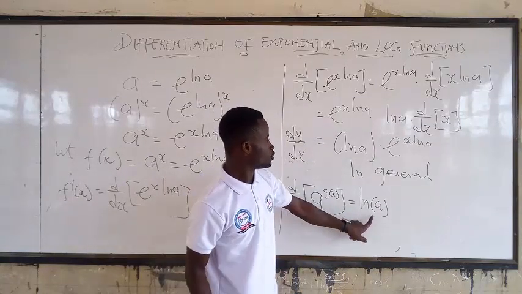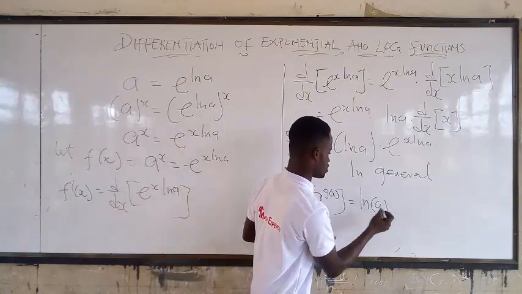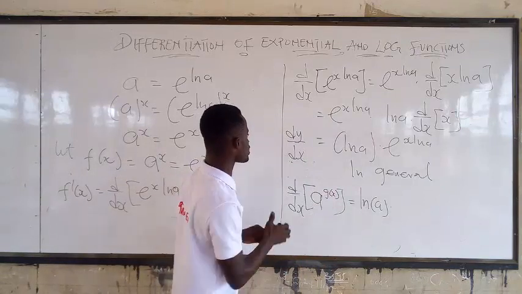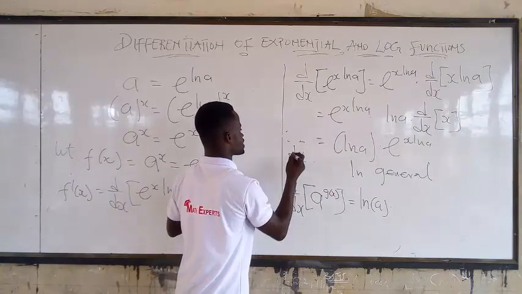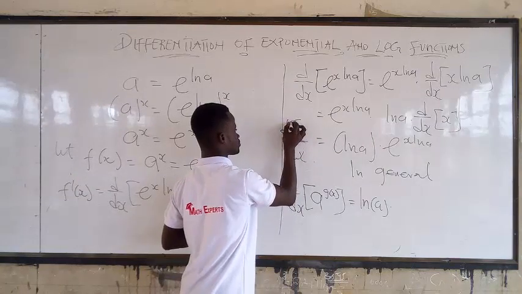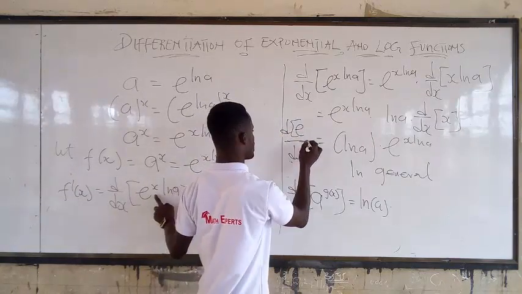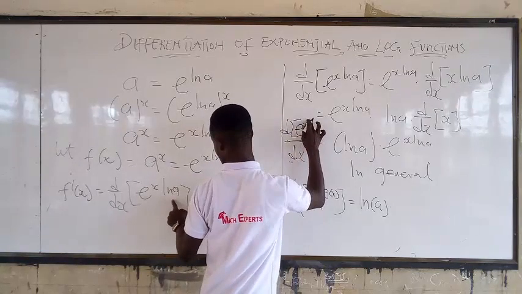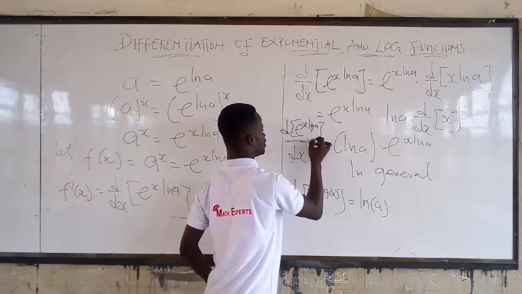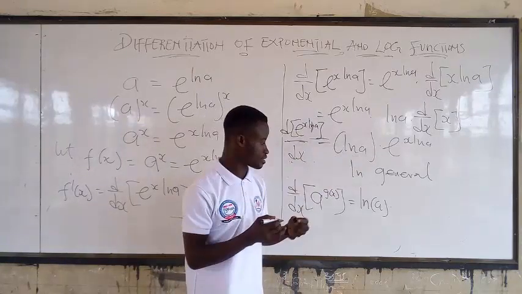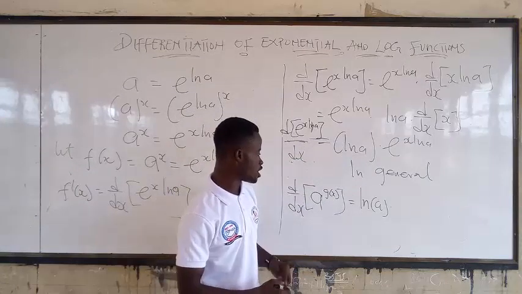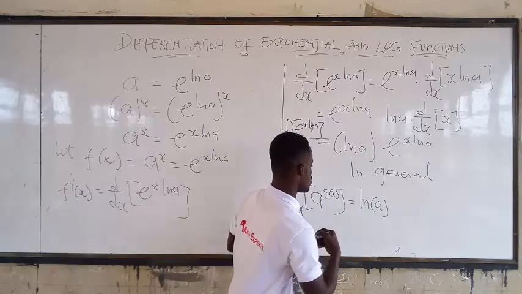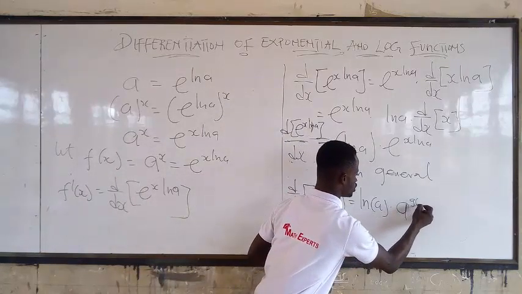Then you take ln a, then you repeat everything that you see here, because if the derivative of e raised to the power x ln a is this, then it's the same as you taking ln a, then repeating everything here, which is a to the g of x.